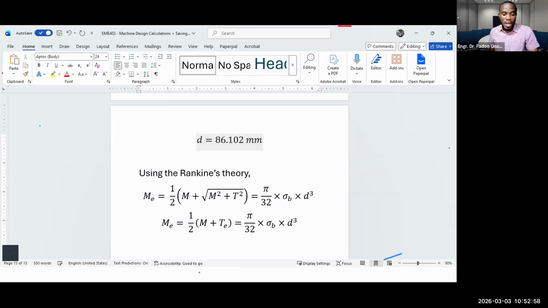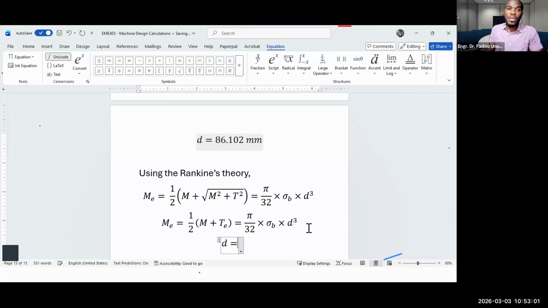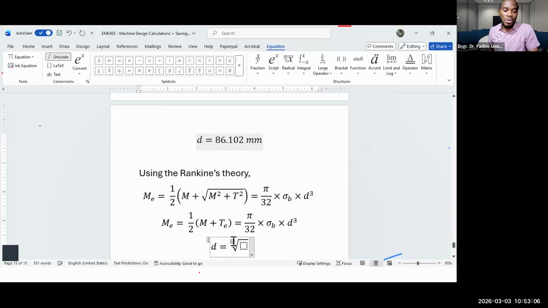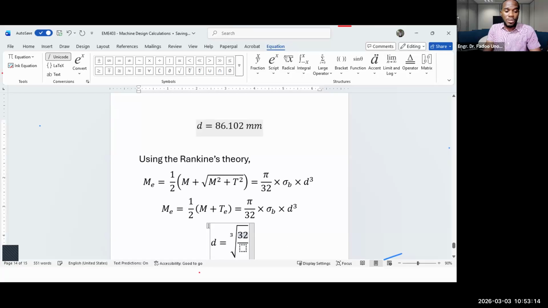So again, our d will be the cube root of 32 times M underscore e, the equivalent, divided by pi times what?